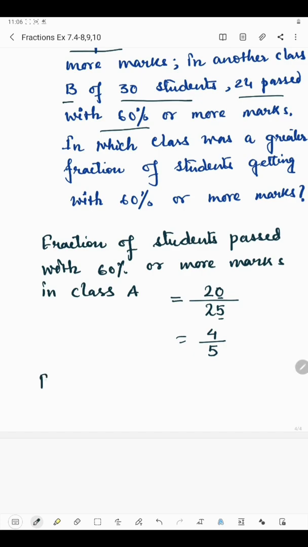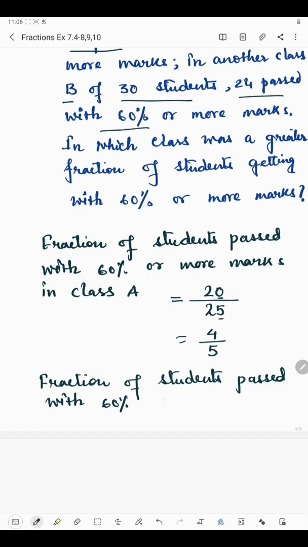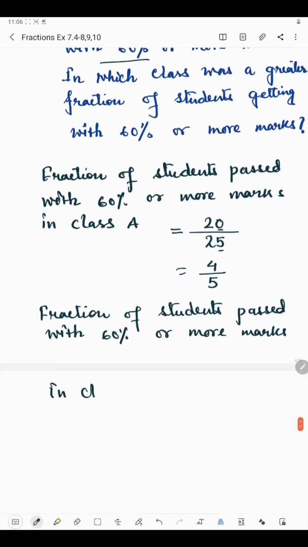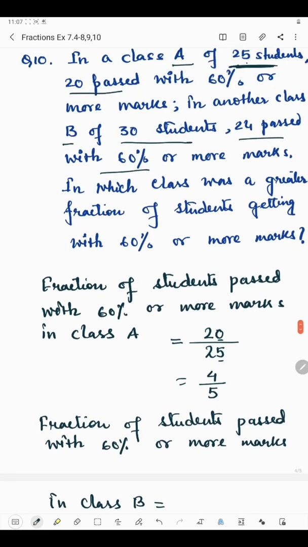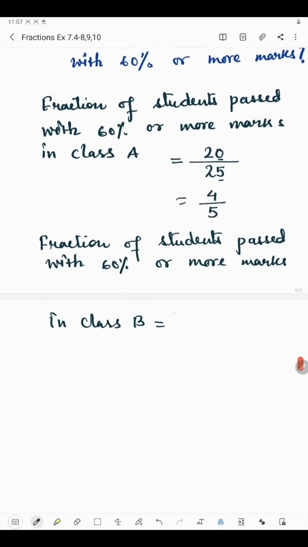So fraction of students passed with 60% or more marks in class B was, total number of students was 30, and out of 30 students, 24 passed with 60% or more marks.